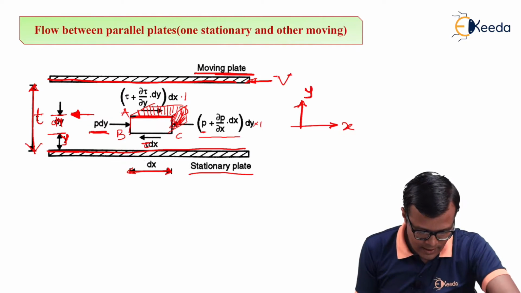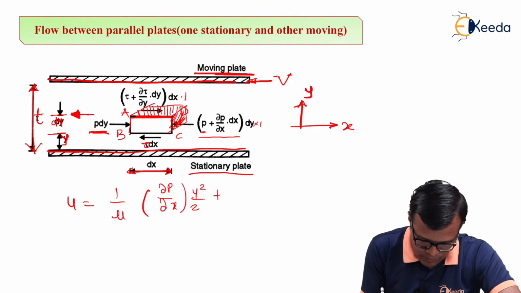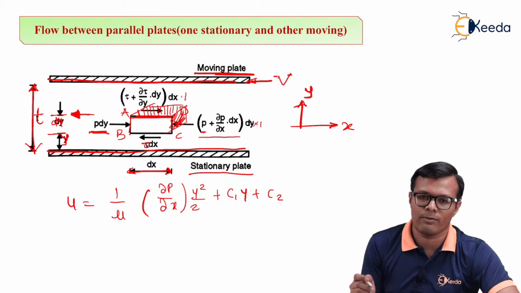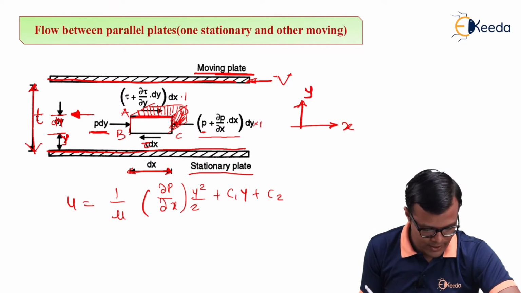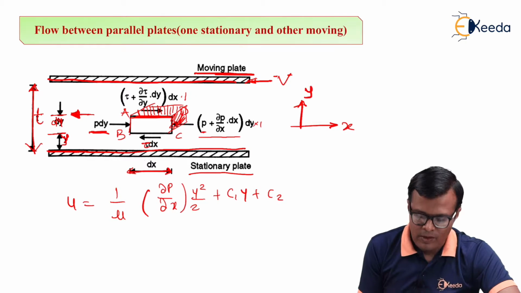So we can consider u equal to 1 upon mu ∂P/∂x y square upon 2 plus C1 y plus C2, as usual the equation of velocity representation in case of parallel plates. Now the conditions are changing.